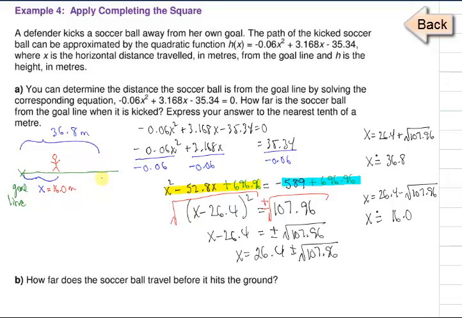All right, so we can write a sentence for this. The ball is kicked approximately 16.0 meters from the goal line.